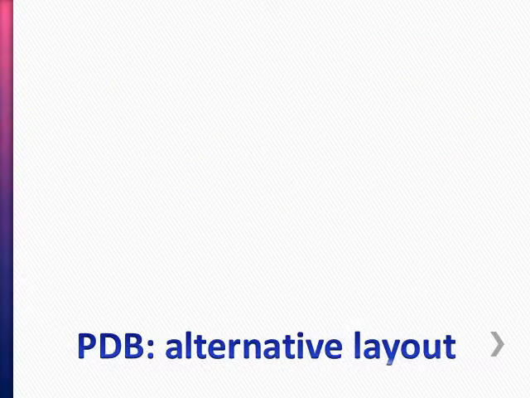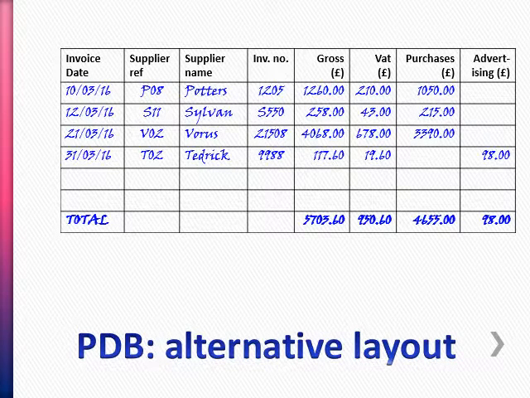A further alternative layout would be as shown on the screen at the moment. What we've done here is we've recorded different types of purchases. So if it's the case that the only suppliers that you deal with are suppliers of one particular type of goods or service, then we can just have one column.